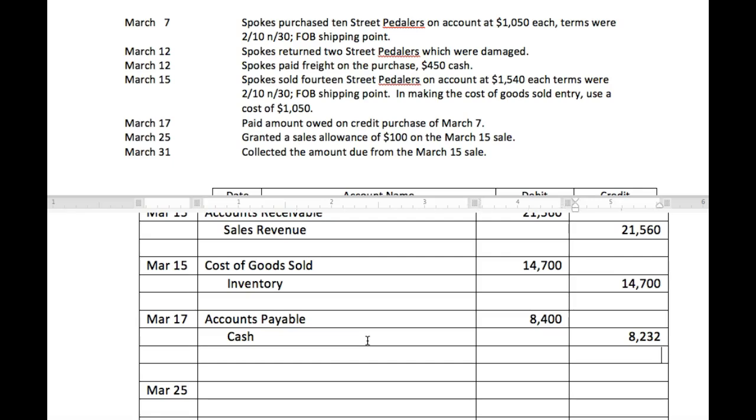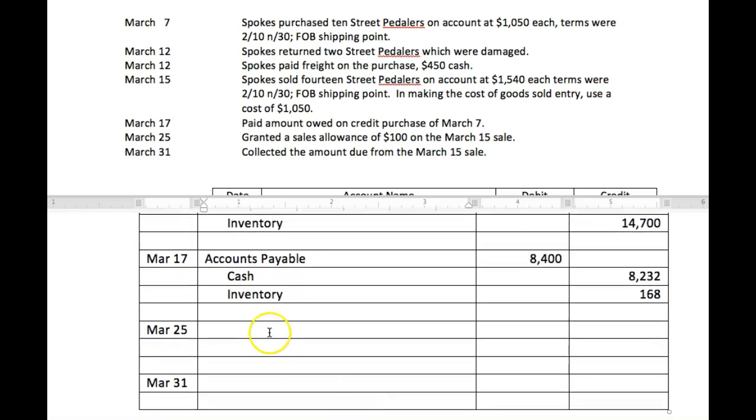Well, that causes a little bit of an issue because remember, debits must equal credits, so now we need $168 for something. Well, in that case, since we're using the perpetual inventory method here, it would actually reduce the price of our inventory. We didn't pay 100% for our inventory, we paid 98%, so to speak. We got a 2% discount. So our inventory needs to be reduced by $168 there.